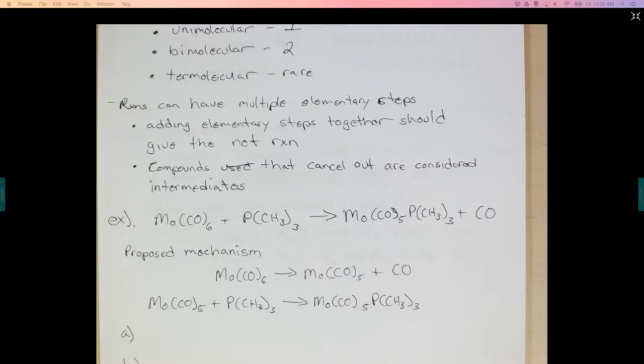And once you add those together and cancel things that are on both sides, you will get the net reaction that was given to you in the beginning. And if you do cancel out compounds during the course of this, then you are going to consider those intermediates.